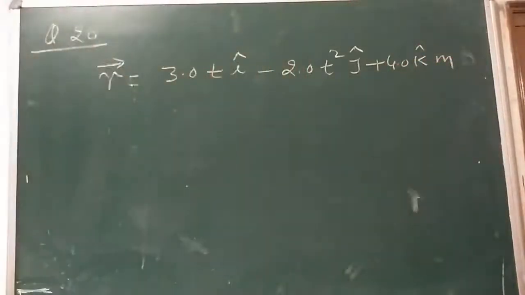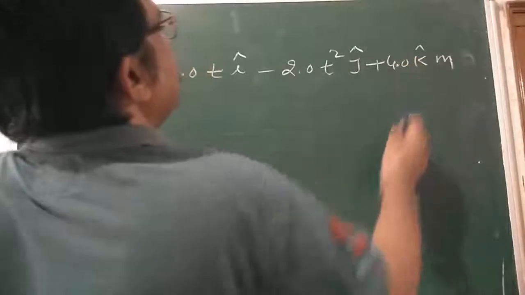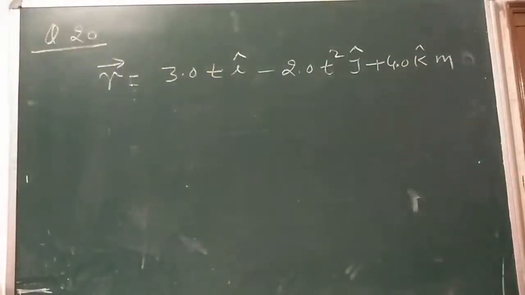This is our position vector. Here t is in second, and the coefficients have the proper units, so that r is in meters.